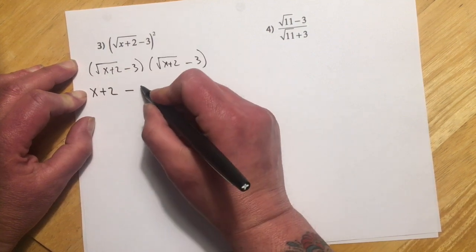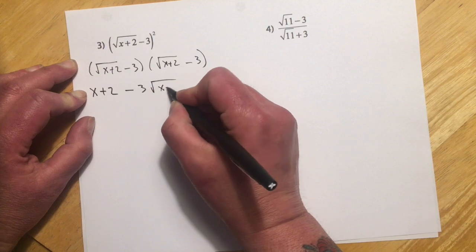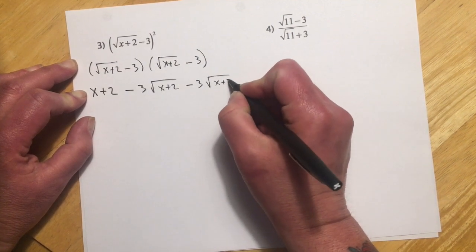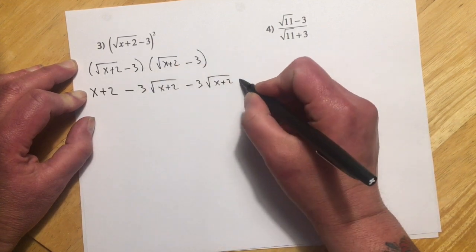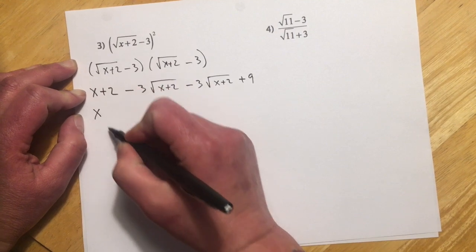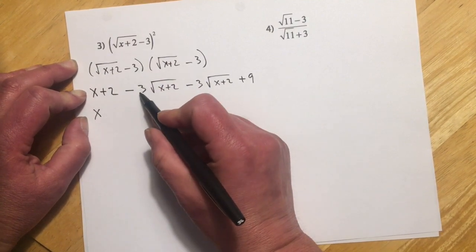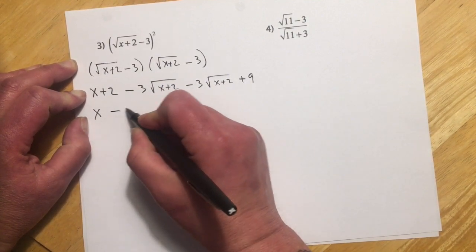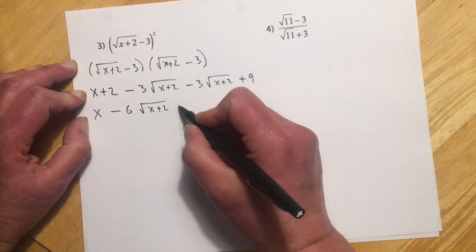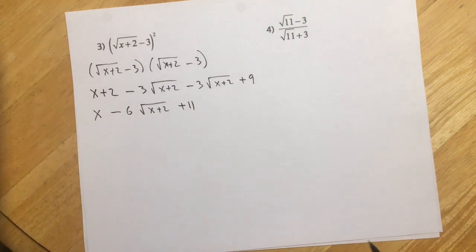Yeah, you know what I'm trying to say. And then on the inside, I'm going to get another 3 of those. And 3 times 3 on the end will make a positive 9 with the double negative. Combining like terms, I just have that lone x. Minus 3 makes minus 6 square root of x plus 2's. And then 2 and 9 for 11.